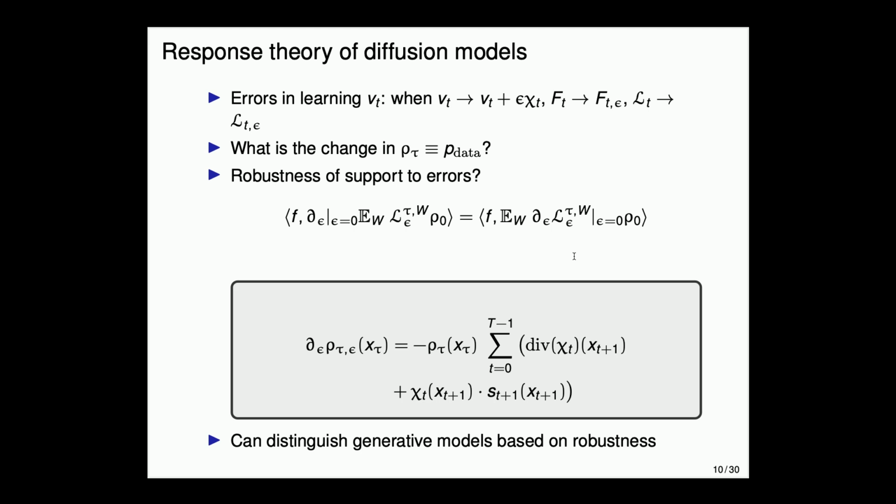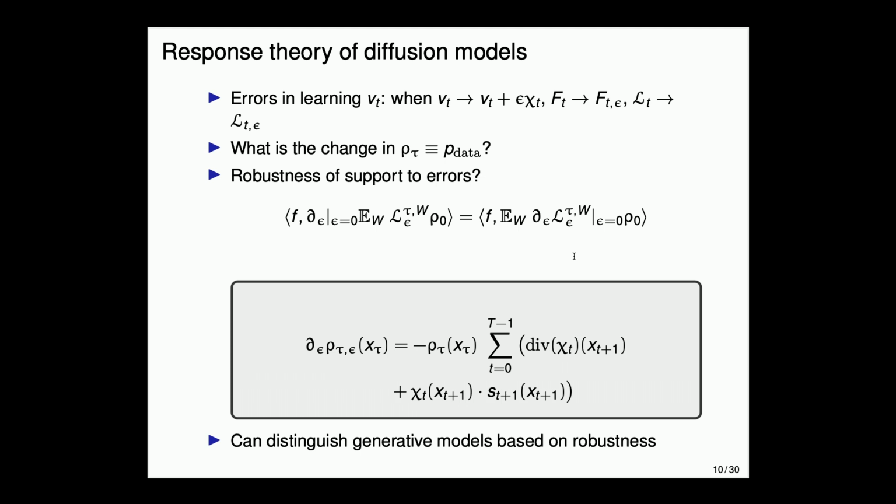You can really think of this as some scalar field, but the important thing to notice is that this scalar field is multiplied by the true target density. This is saying that wherever there is error, the errors are supported where the target is supported. You can derive this in the limit of infinitesimal errors.